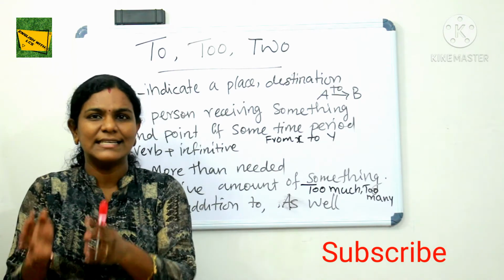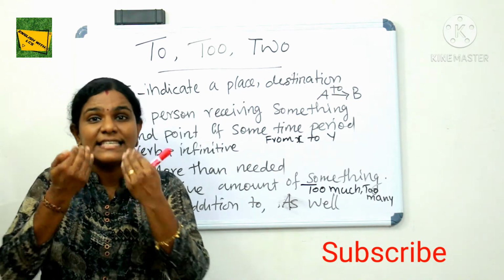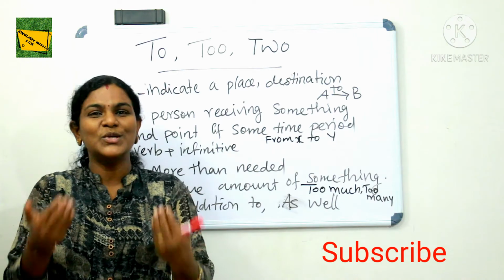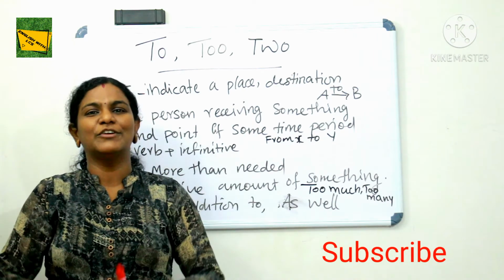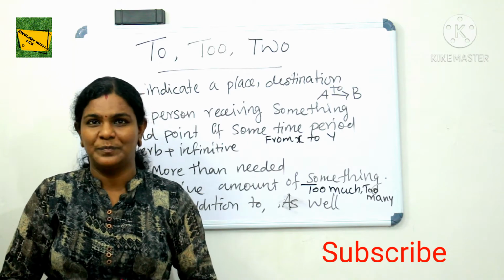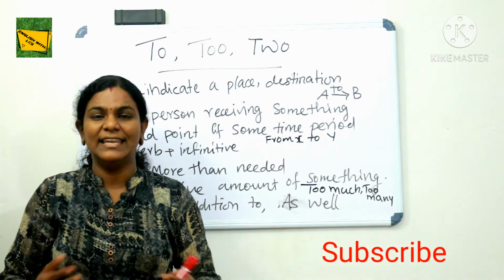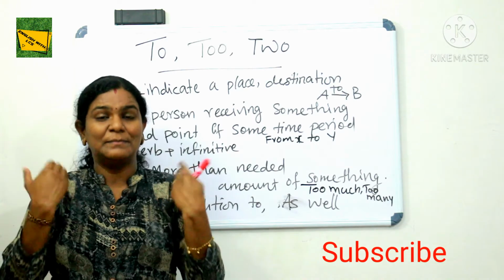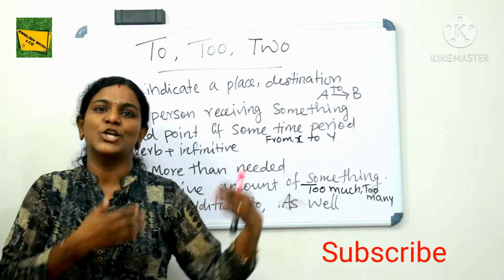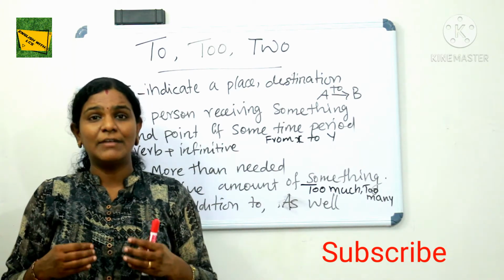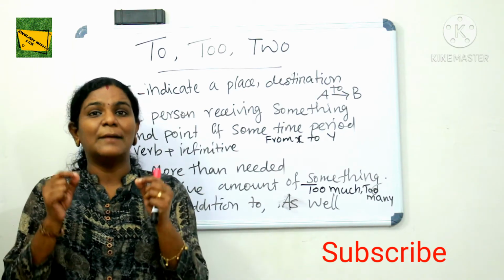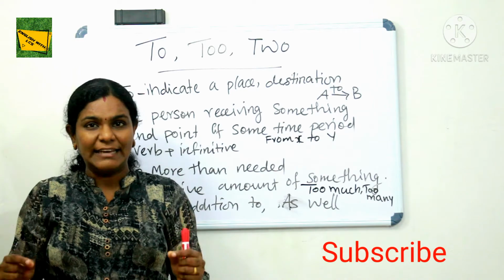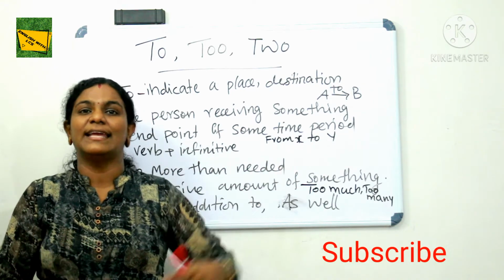So here the cousin is a person who is receiving a gift. So in order to indicate a person who is receiving something, we have to use the preposition to. Again, I am planning to give a pen to my teacher, or I have a plan to give a pen to my teacher. So here I am planning to give a gift to my teacher.